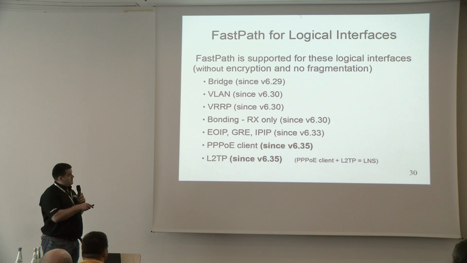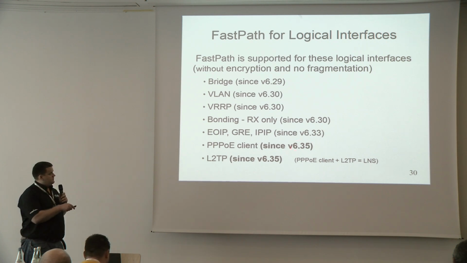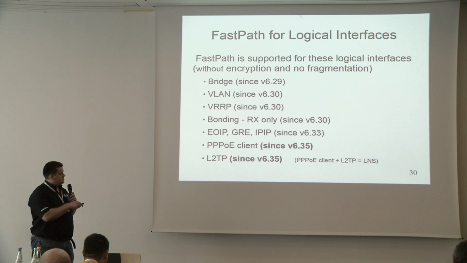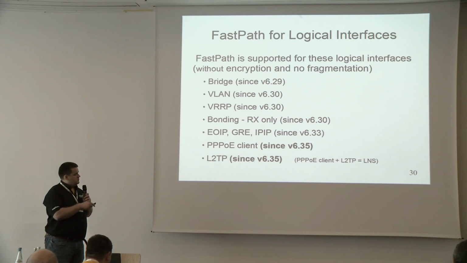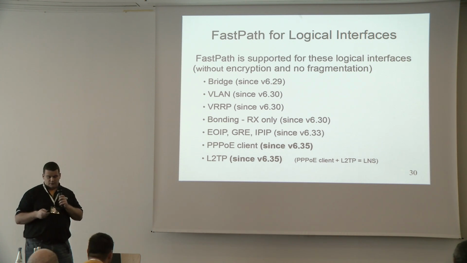Tunnels were added in 6.33. And one of the most important additions was in 6.35: PPPoE client and L2TP. If we combine these two features, that means that also LNS can be FastPathed if you configure it on MikroTik.